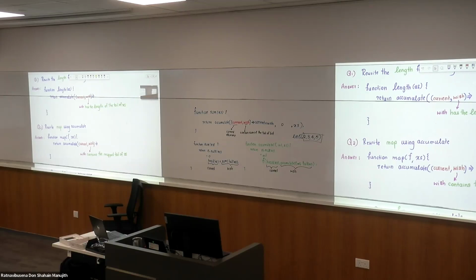If not, I wish that I can map f over the tail of xs, and then I pair f of head of xs.